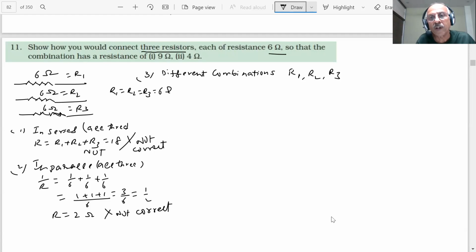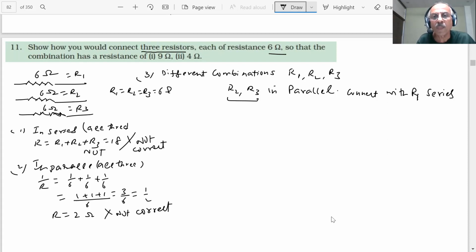If I connect R2 and R3 in parallel, and connect them with R1 in series, let us see what value we get, students.